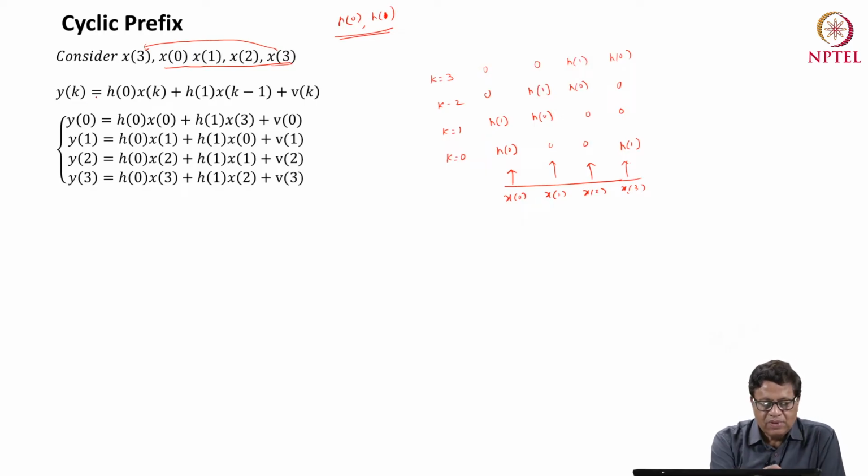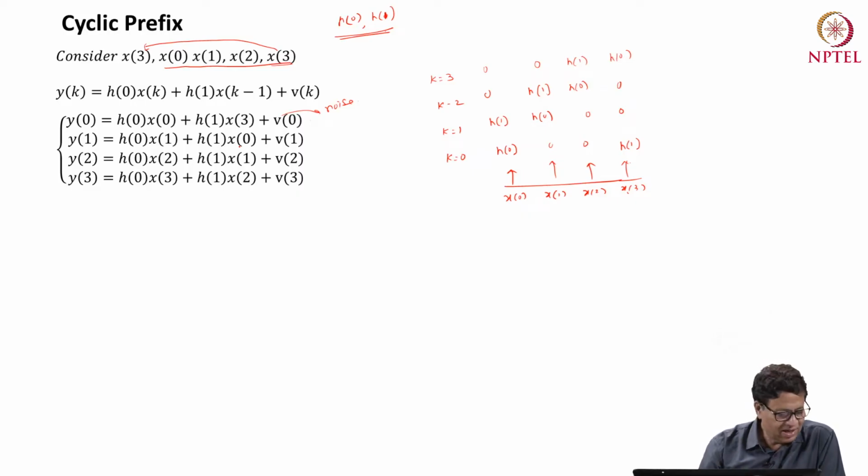So y[k] in this case, when there is a prefix here, for y0, y1, y2, y3, and this is the noise sample, will be given by h0 x0, h1 x3, and so on and so forth. This is what I have drawn here.